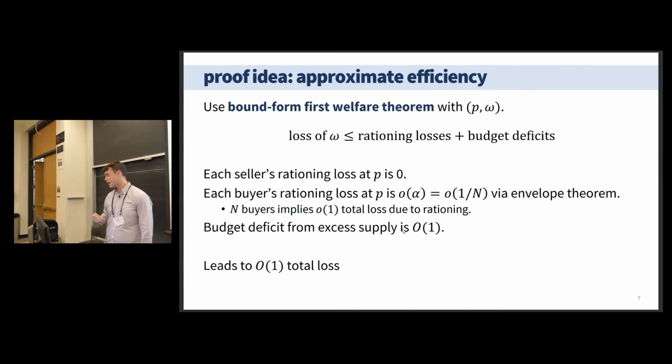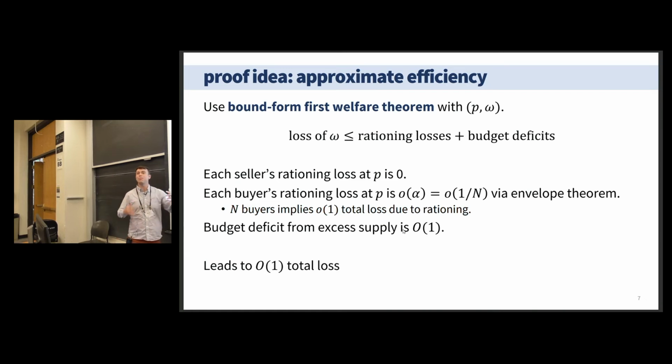To see that it's approximately efficient, we apply the bound form first welfare theorem. Remember, the bound form first welfare theorem used a single price and allocation. Well, we'll just pick one of the prices and calculate the bound given by the bound form first welfare theorem at that price. So let's just choose the seller's price. By construction, each seller is getting something in their supply set. They're not rationed, so their rationing losses are 0.